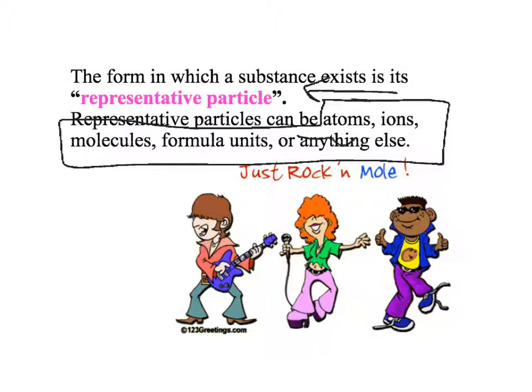Personally, I don't care for that, but atoms, ions, molecules, and formula units. We learned about atoms in the last unit, or in Unit 3. We learned about ions in Unit 4. In this unit, we're going to learn the difference between molecules and formula units. Okay, but all of these things are what we call representative particles.